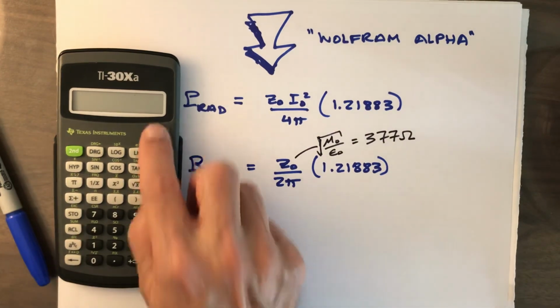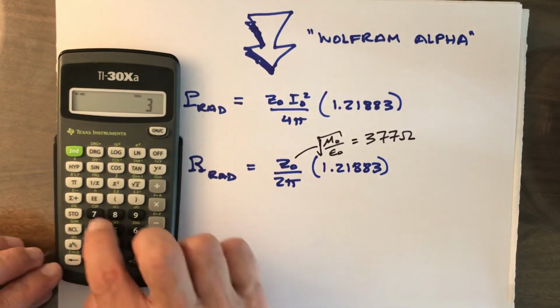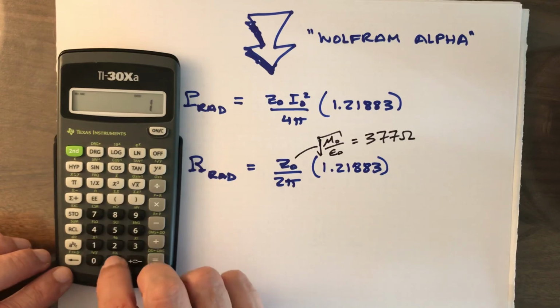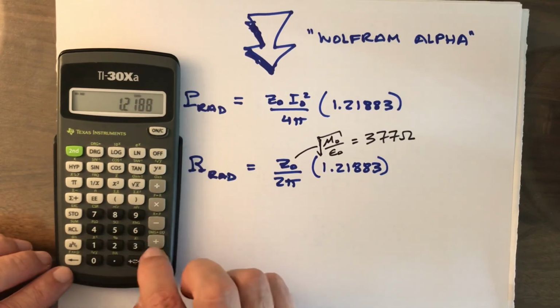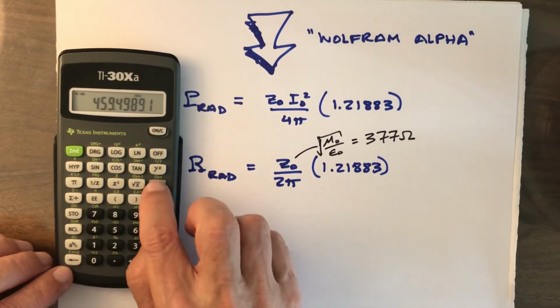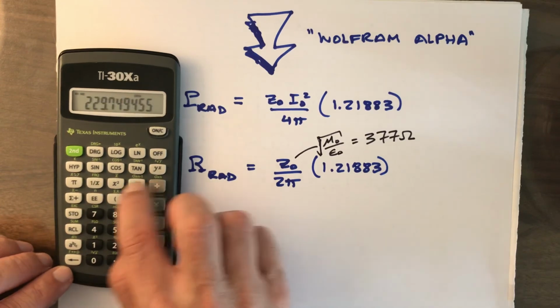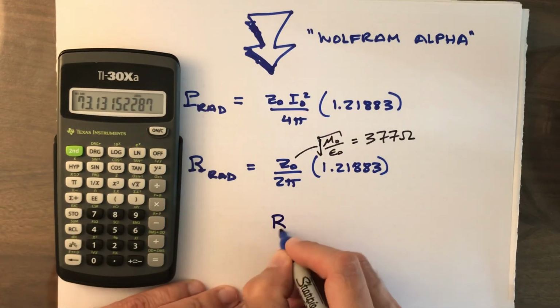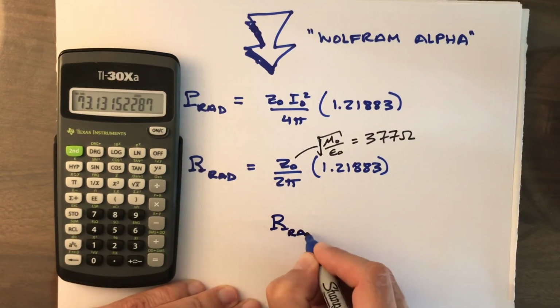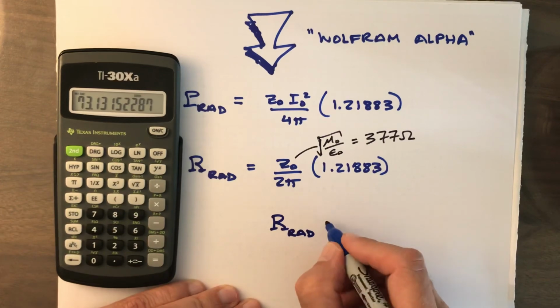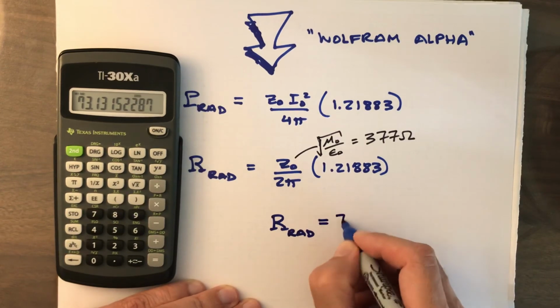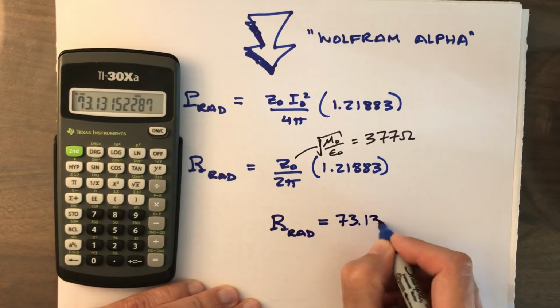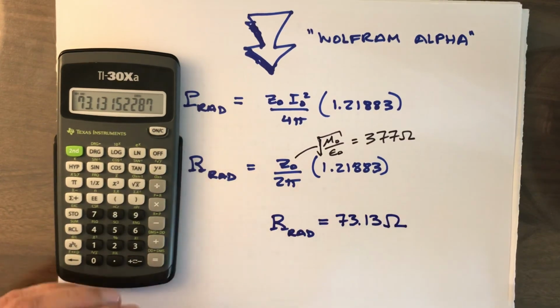So since we have that, then we have 377 times 1.21883, divided by 2, divided by pi, equals 73.13. So the radiation resistance for a half wavelength dipole antenna equals 73.13 ohms per our derivation.